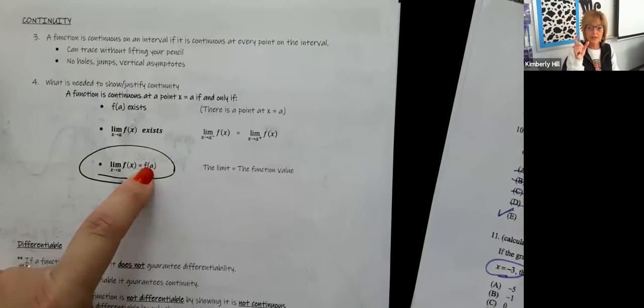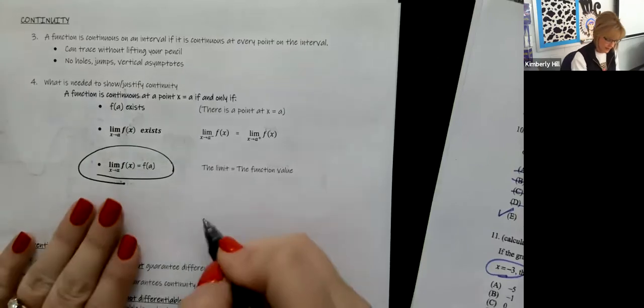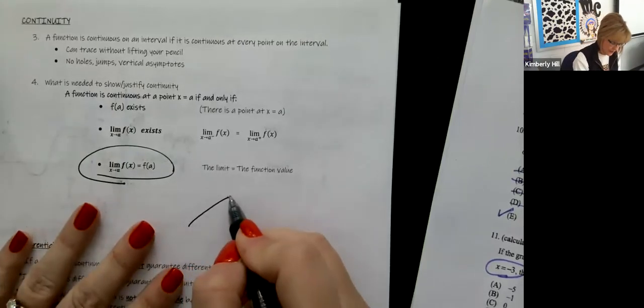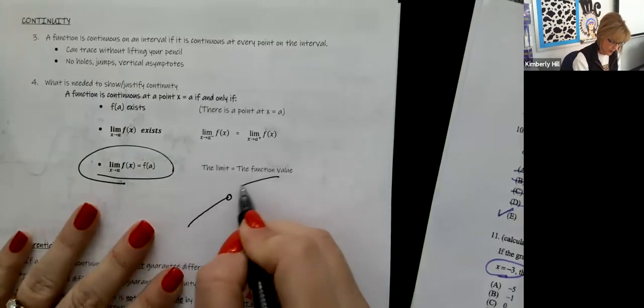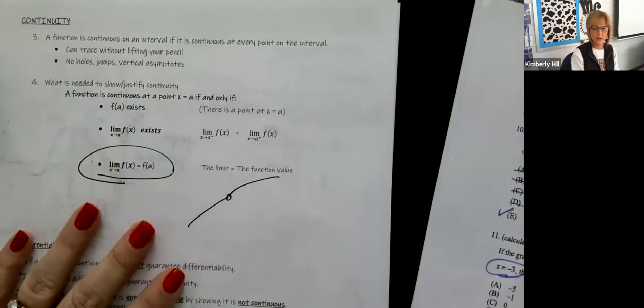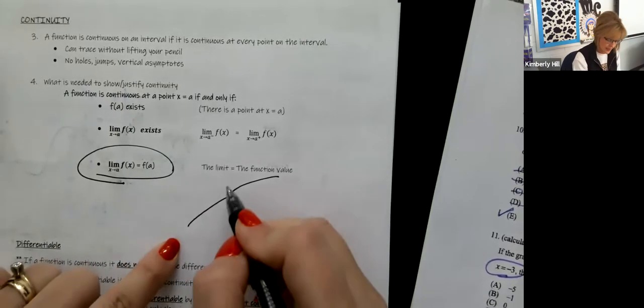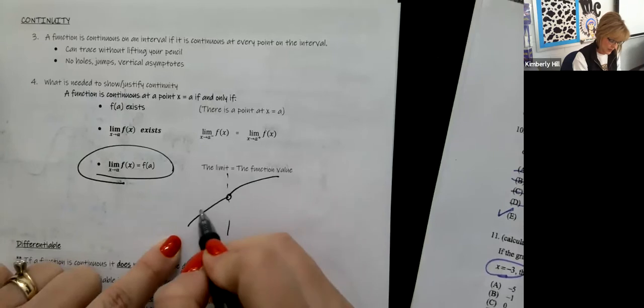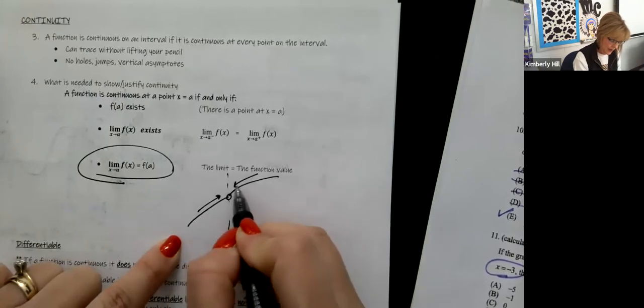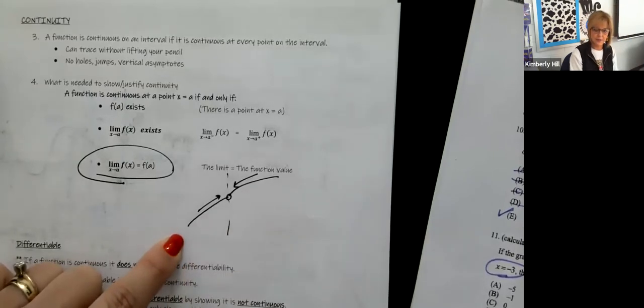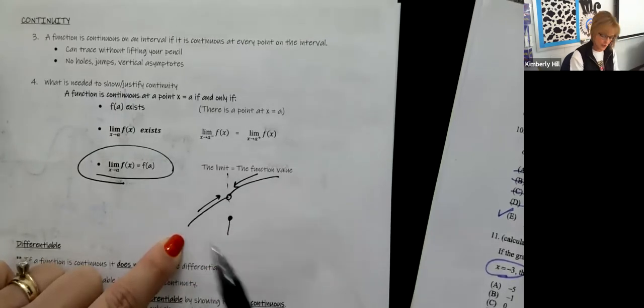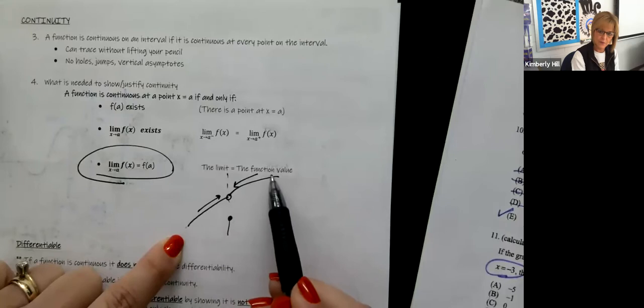So the limit exists. So from the left and the right, I came to the same place. So that limit exists. As I approach this number, whatever it is, from the left and the right, it does exist. But if the point is down here, it's not continuous because I have to lift my pencil.